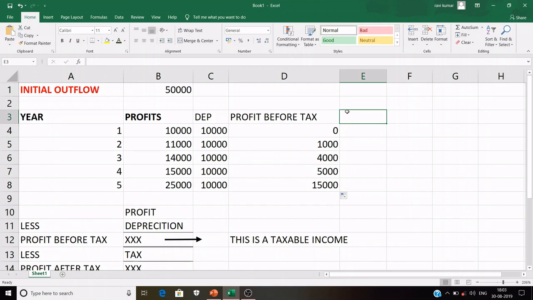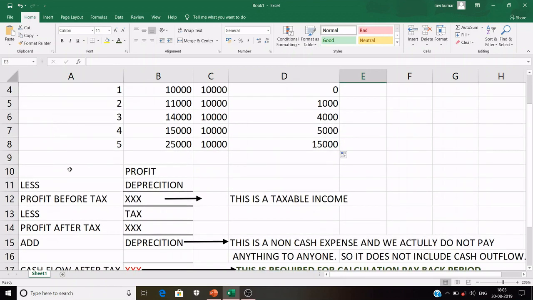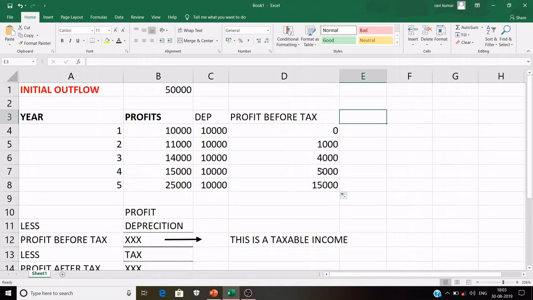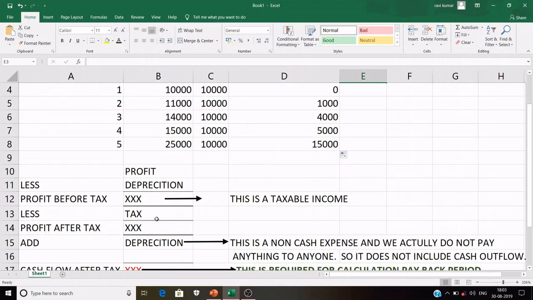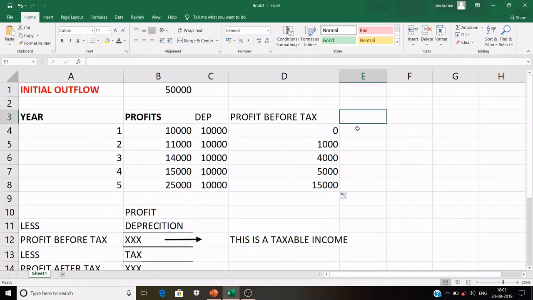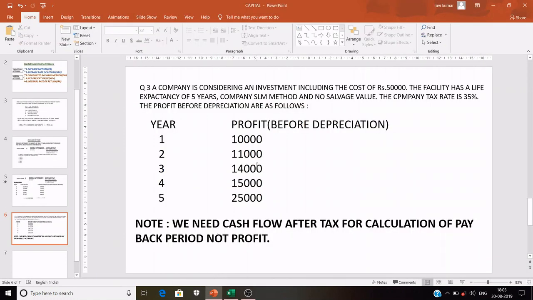Now after getting profit before tax, what do we actually need to do? Because profit before tax is our taxable income, we'll calculate the tax amount here. So first we'll calculate tax amount. Do we know what is our tax rate? Let's look at the question again. Yes, we know the tax rate. The tax rate is 35%.